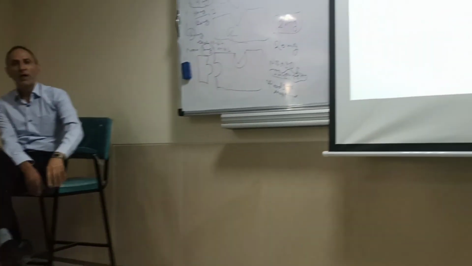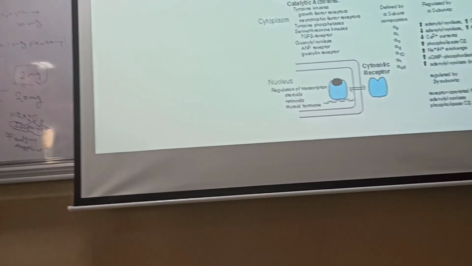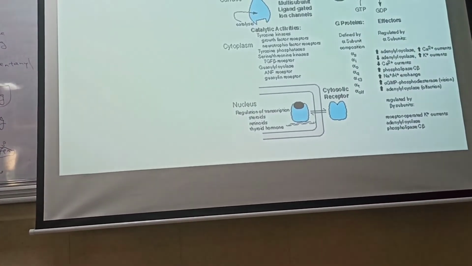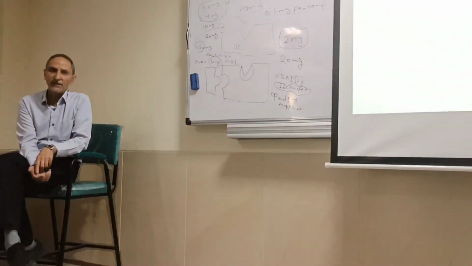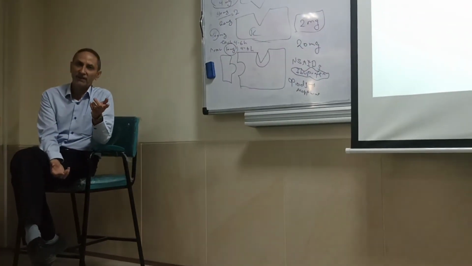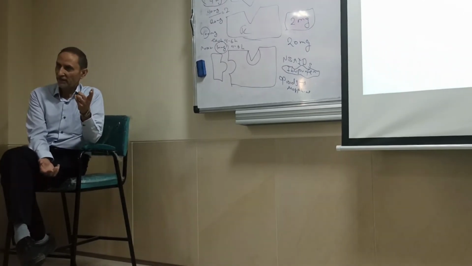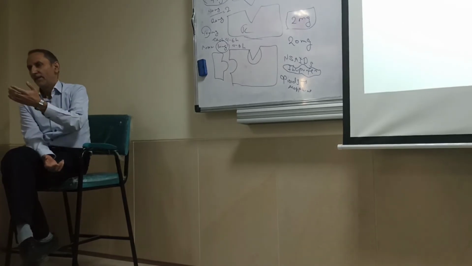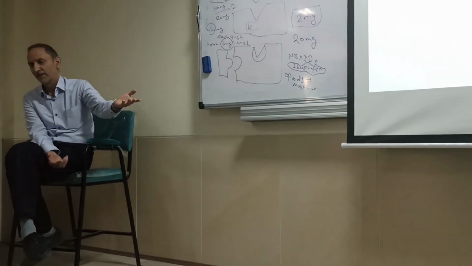We have also glutamate. Do you know glutamate? Glutamate is an amino acid, glutamic acid. It's also a neurotransmitter in the CNS.